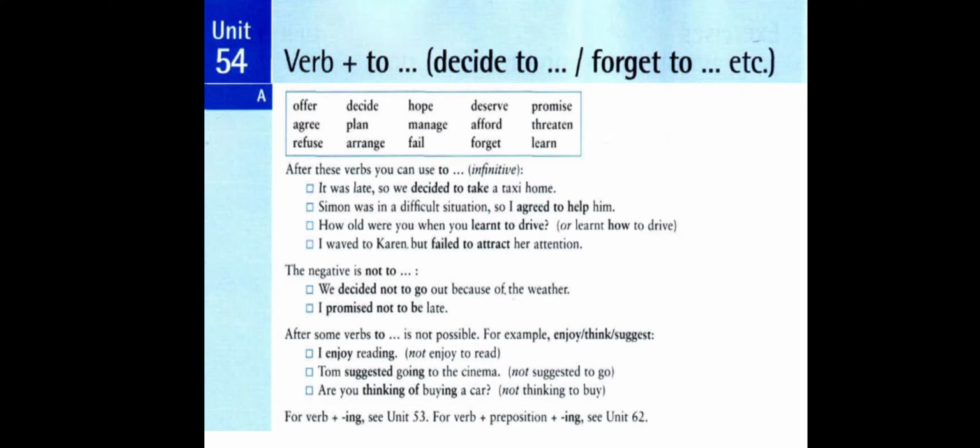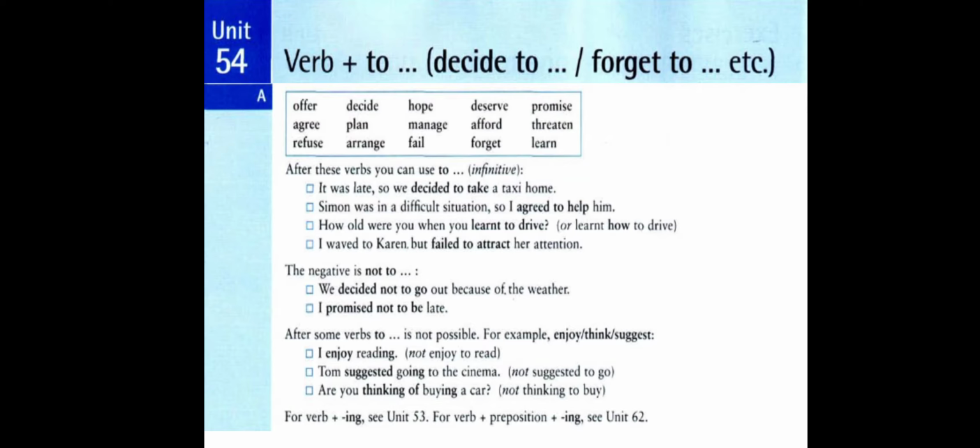We have already taken in Unit 53 that there are verbs which are followed by verb plus ing, and other verbs followed by to plus the base form, and there are also other verbs which are followed by the base form only.